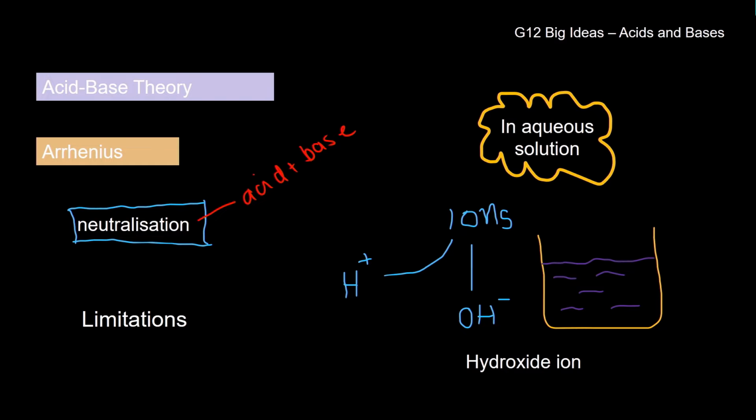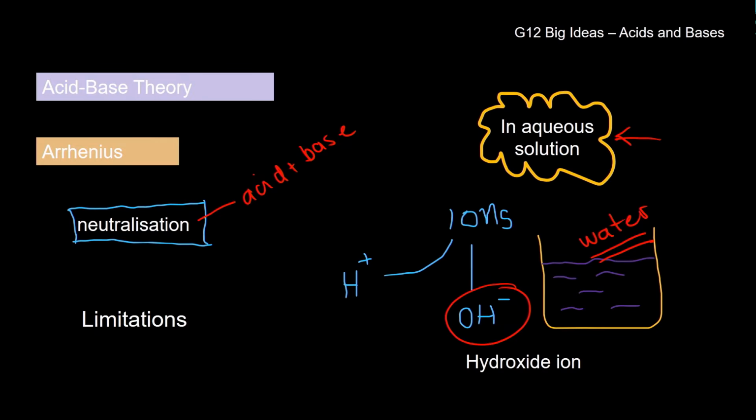He also looked at it in one solvent, and that solvent was an aqueous solution, so it was in water. He only looked at what was happening with acids and bases in water, and so this was another limitation, that he only viewed the solvent as being water, even though there are other solvents.